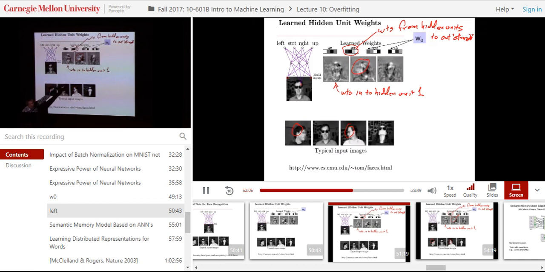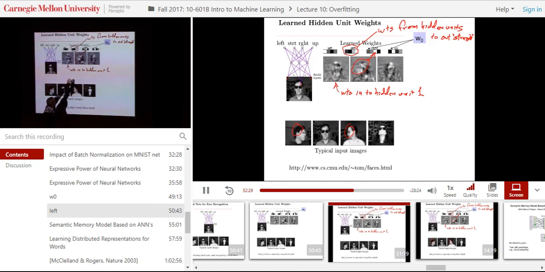And so it's interesting because then if you look at that second unit, this is the weight from that second unit to the network output that's indicating the person's looking to their right. So there's a possible interpretation of what's going on here, right?